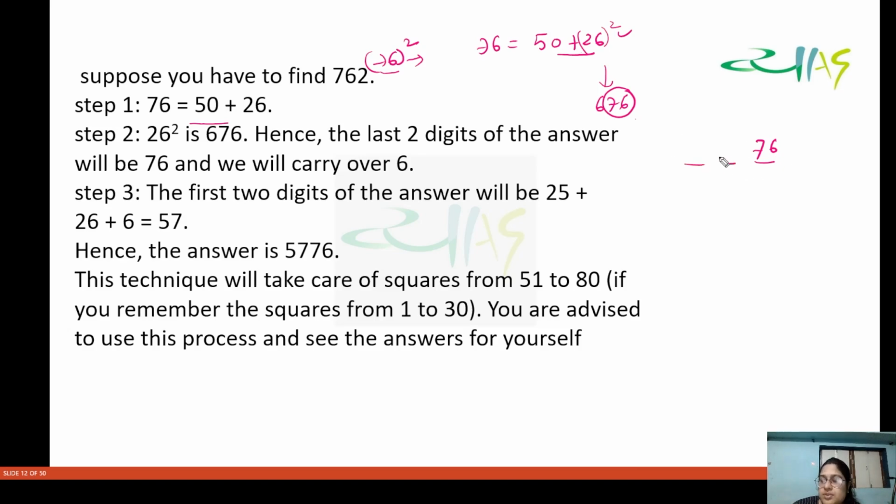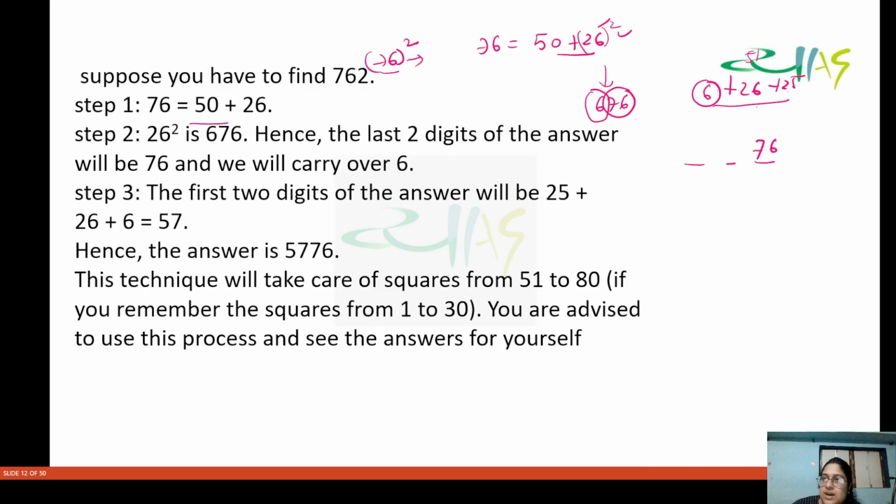Now what about the first two digits? Take this 6 as carryover, and add 6 to 26, plus add 25 more to it. Whatever this number is will be the square of 76. So what is 26 plus 25?